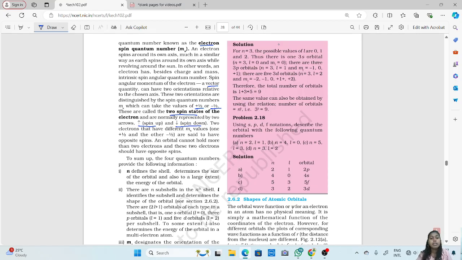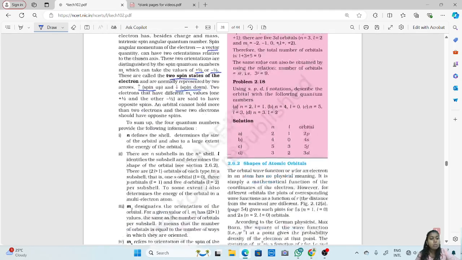An orbital cannot hold more than two electrons, and these two electrons should have opposite spins. If one is spin up, then the other one should be spin down. So they should have opposite spins.